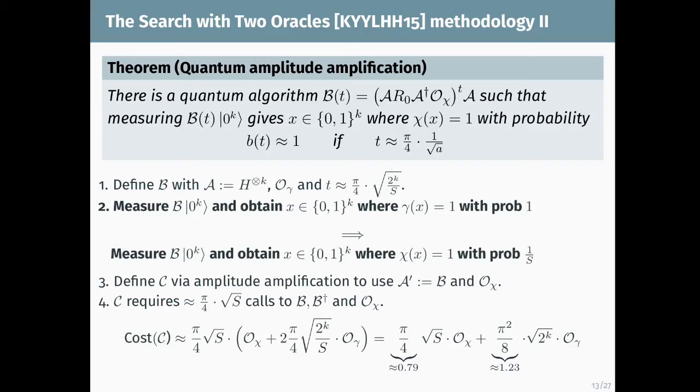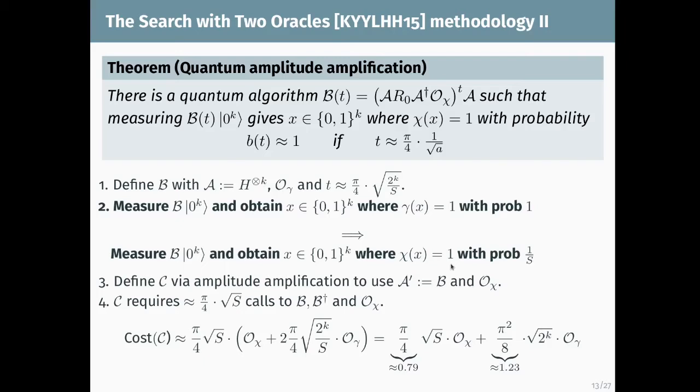So in analogy to Grover's algorithm, we can define an algorithm using the Hadamard transform, the oracle based upon gamma, and this magic value of t that terminates with the probability of 1 of measuring an element x that satisfies gamma x equals 1. Now, since we know the size of the set that gamma defines is s, and we know that's one element we're looking for, this has a probability of 1 over s of satisfying gamma x equals 1.